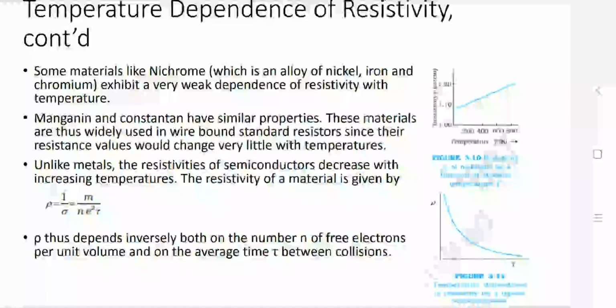It is not linear, but as the temperature increases, its resistivity is not much affected. It is between around 1.1 and 1.2. It means the temperature dependency is less. So the nichrome material is less dependent on the temperature.